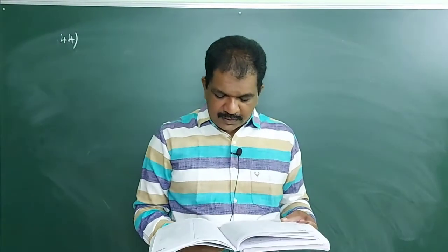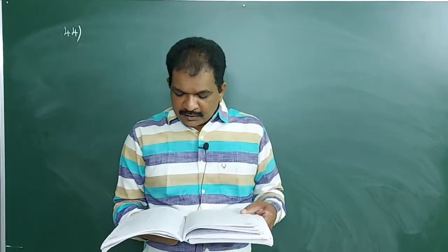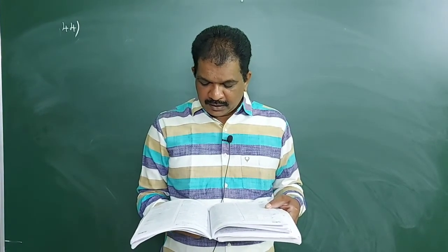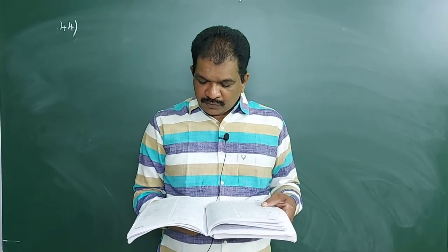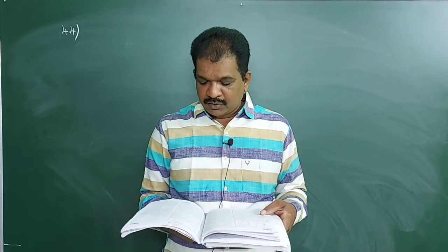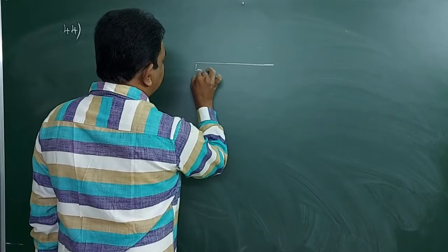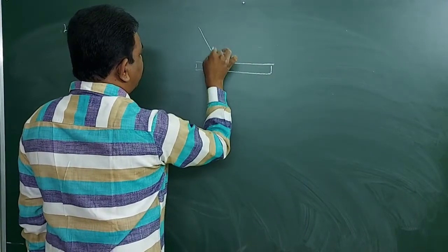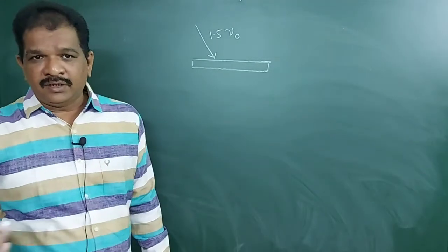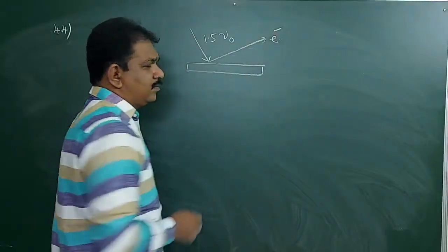What they are asking, see: light of frequency 1.5 times the threshold frequency is incident on a photosensitive material. What will be the photoelectric current if the frequency is halved and intensity is doubled? Light of 1.5 times the threshold frequency is incident on one metal surface and some current is produced.